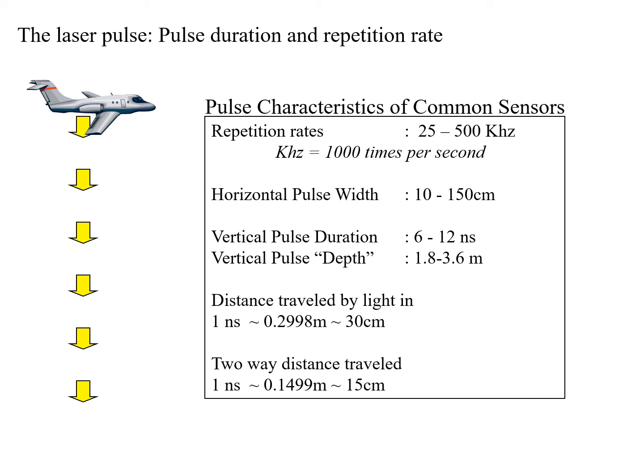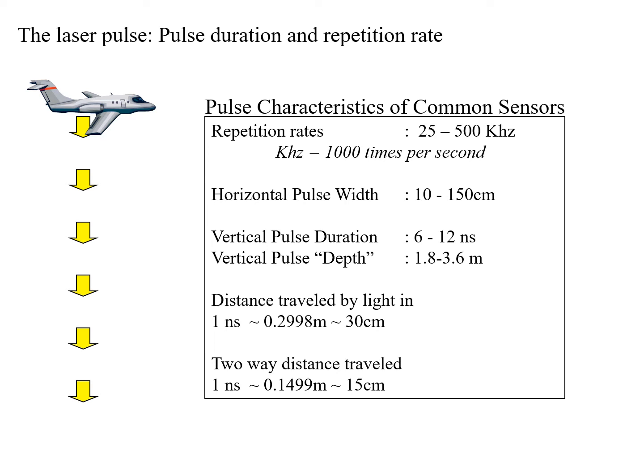Between 25 and 500 kilohertz. Now a kilohertz is 1,000 times per second. Therefore, you can get speeds up to 500,000 pulses per second. And that allows you to lay down a lot of pulses in a very short amount of time, which means that you can fly faster than you would with slower repetition rates.